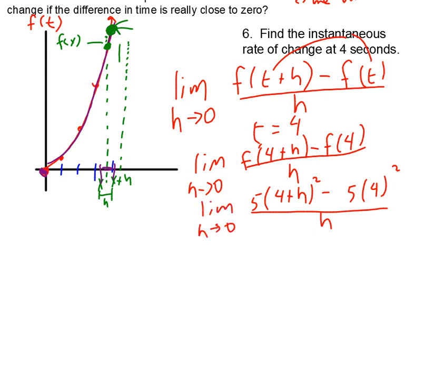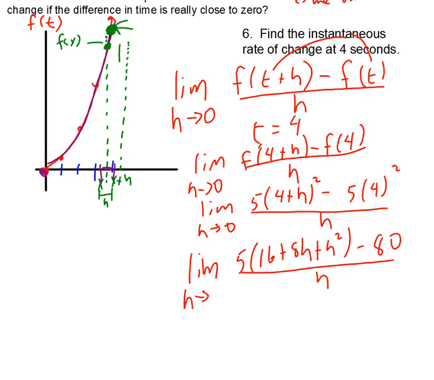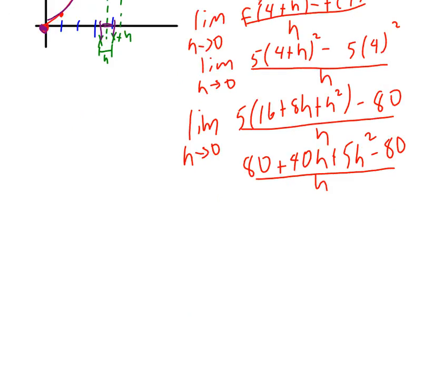And now I just simplify the numerator. If I did that, I get 5 times 16 plus 8h plus h squared minus 5 times 16, which is 80, all over h. Distributing the 5, I get 80 plus 40h plus 5h squared minus 80 all over h. Again, I can't evaluate this limit as long as I've got this h in the bottom. But watch what happens. Don't the 80s cancel?